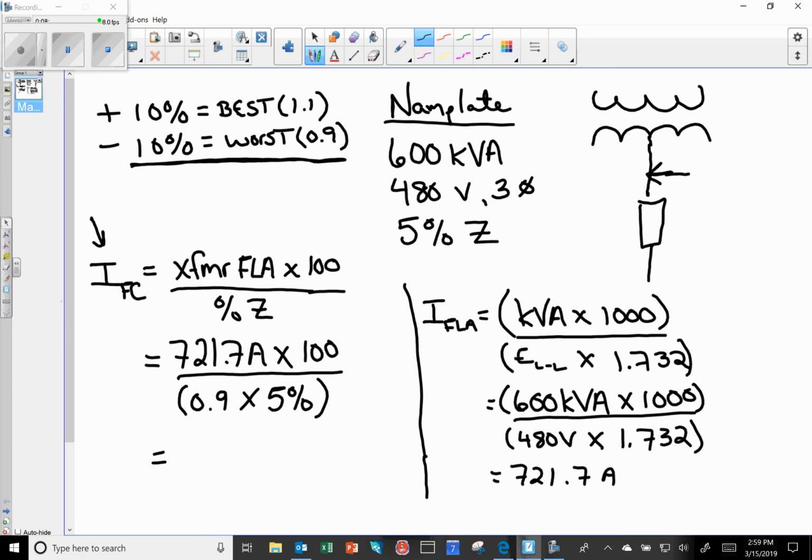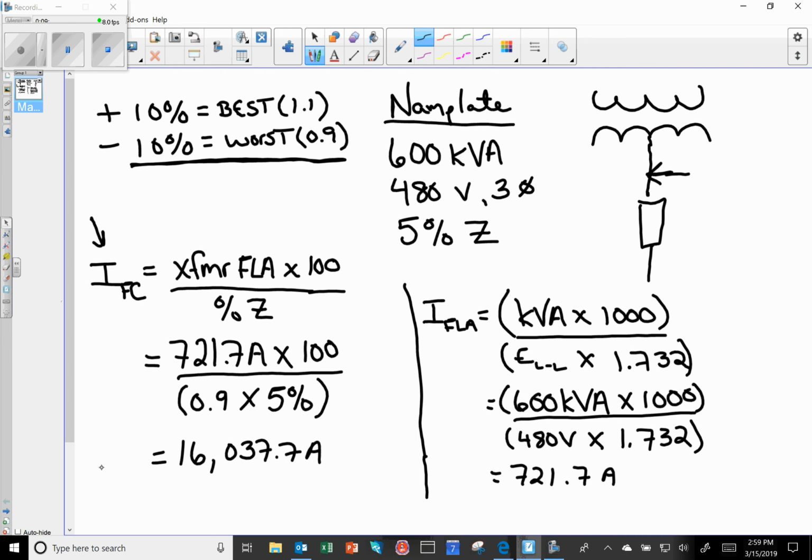So parentheses 721.7 times 100 divided by parentheses 0.9 times 5. That gives us 16,037.7 amps.